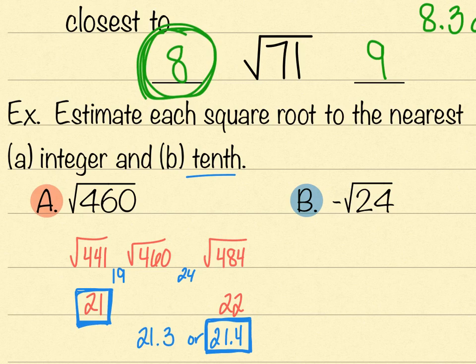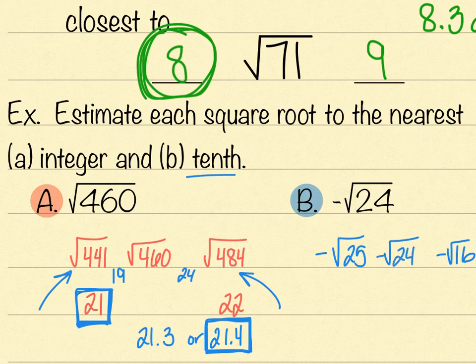Now for the next part, it's important to note that this is negative. So as I'm listing my perfect squares, I'm going to consider them negative. See how I put the smaller one over here and the larger one over here. If I continue that pattern, the smaller one would be negative square root 25, and the larger one would be negative square root 16, and negative square root 24 would come right between there.